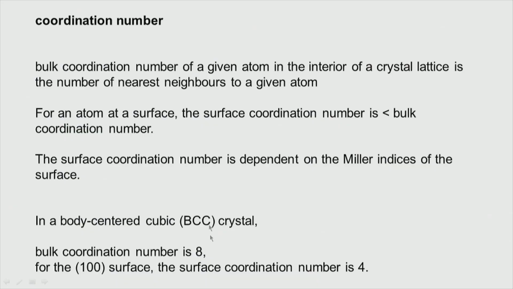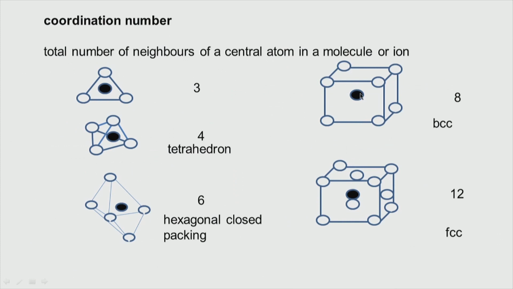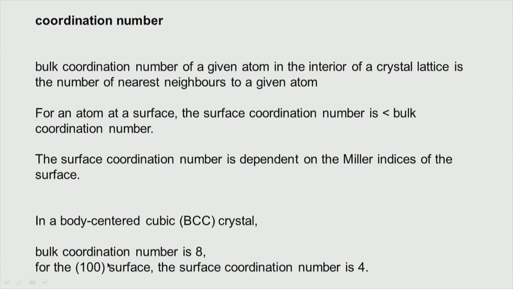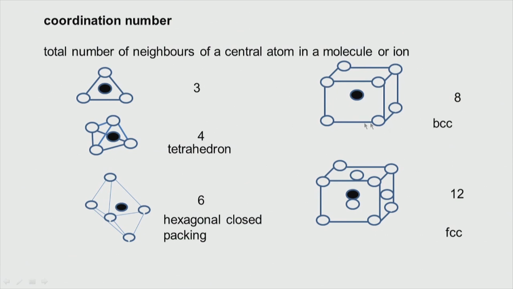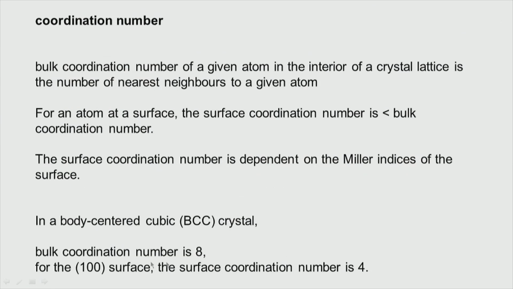If you take BCC, bulk coordination number is 8, whereas the surface coordination for the 100 plane will be 4, because look at this, there are 4 atoms, and this one which is in the middle does not come into the picture. So for BCC, the bulk coordination number is 8, surface coordination for the 100 surface is 4.